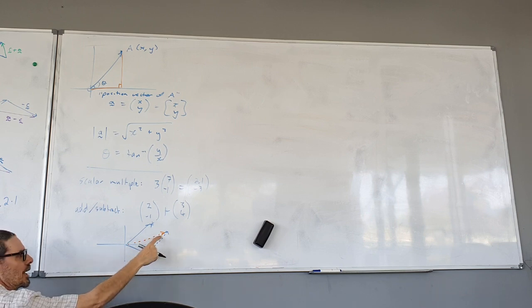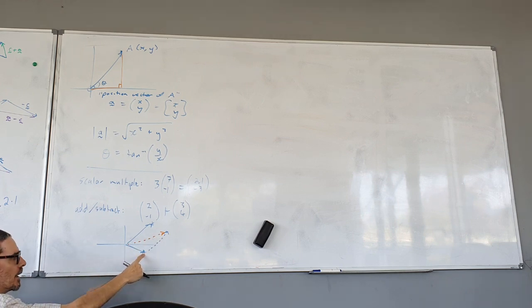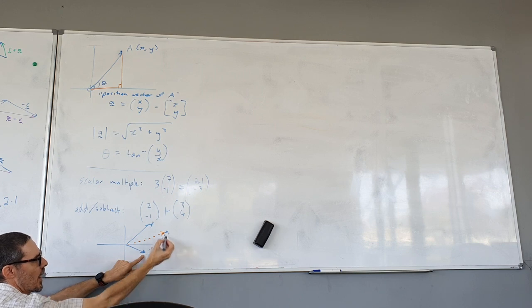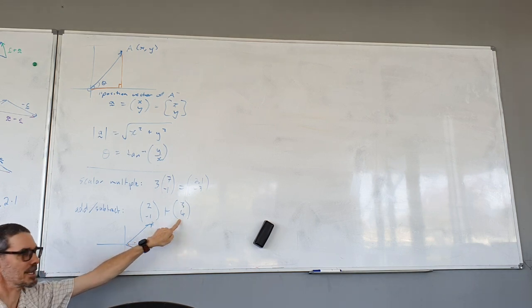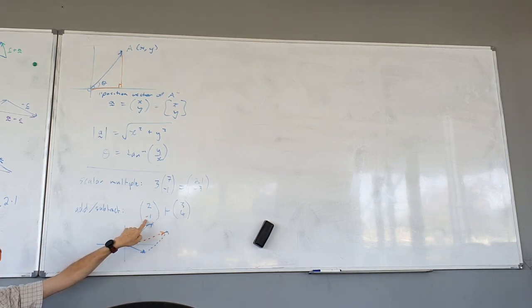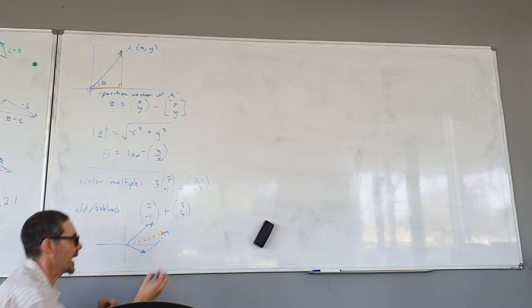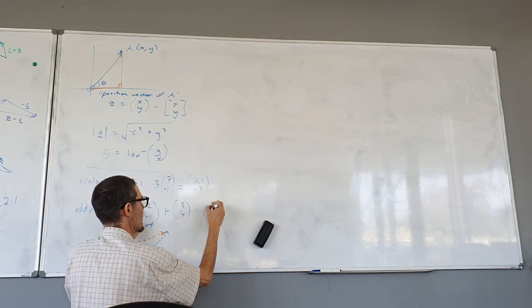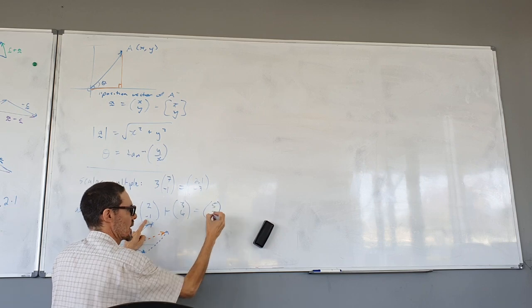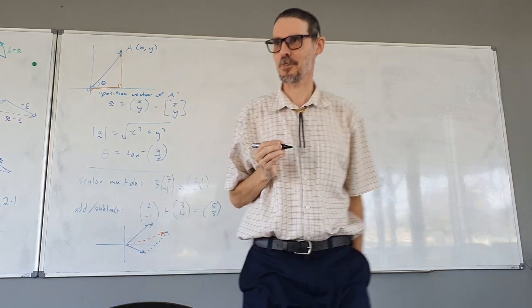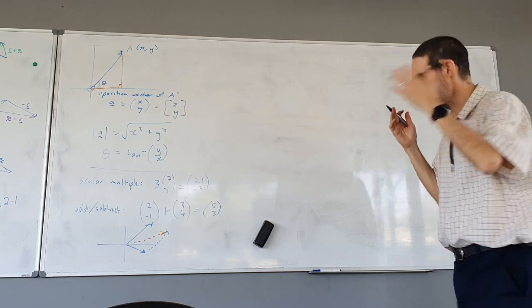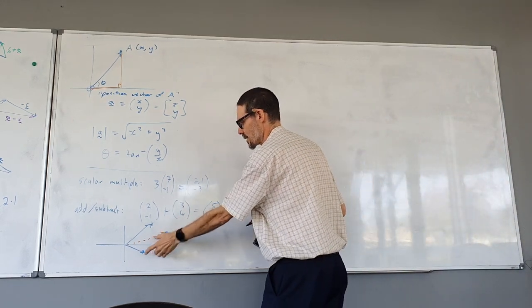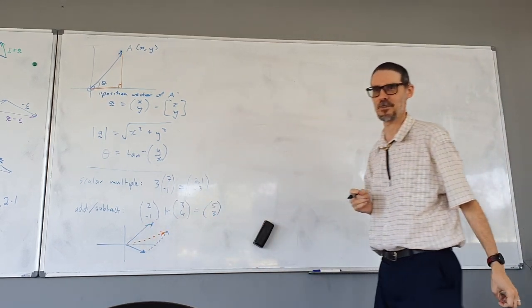Well, how do I get up here? I go down to here and I go across this far and up that far. I really am just adding these coordinates to the coordinates I already had. So I can just go 2 and 3 is 5, -1 and 4 is 3. And you are allowed to do that. How do I know? Go back to the definition, vector addition. Take one and stick it on the end of the other.